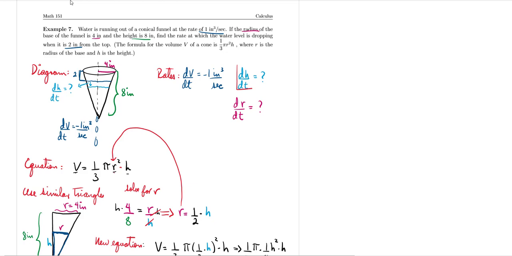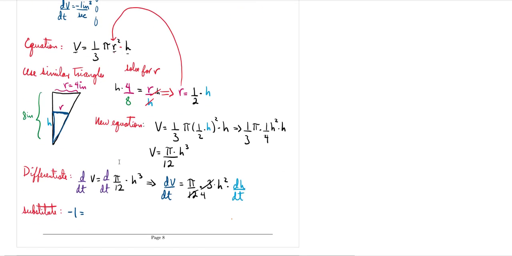Well, we're focusing at a height of 6 inches, right? Because the whole funnel was 8 inches, and the water level is 2 inches away from the top, so we're trying to find the rate of change when the height is 6 inches. So I'll put it here: when h is equal to 6.